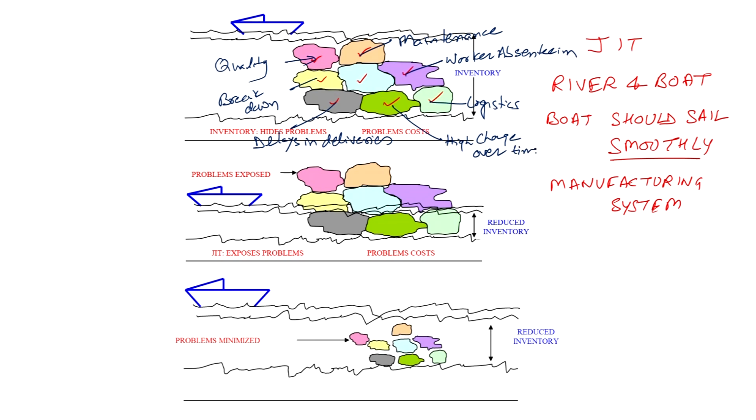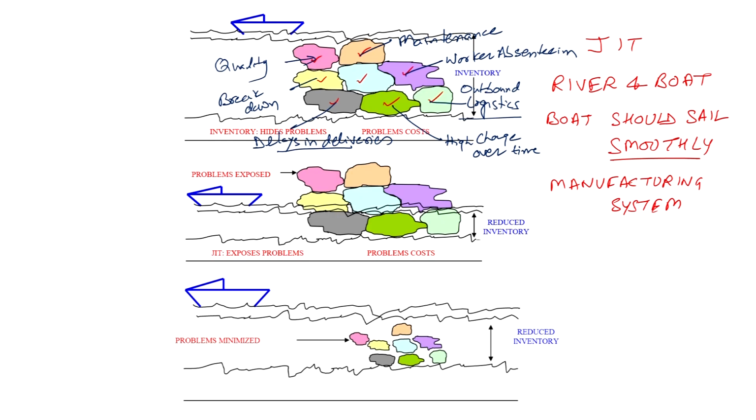So, there are n number of problems in the system, and what we do if there is a delay in the delivery, we keep the cushions, we keep the safety stock of raw material. If we are finding that there is problem of outbound logistics, or the demand of the customer is varying, we keep the finished goods inventory.